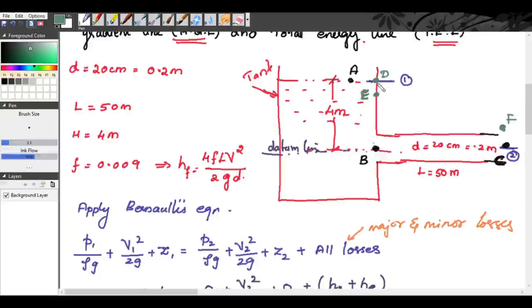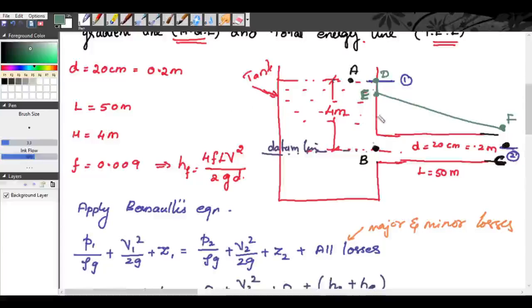So now we will join D and E. Join D to E and E to F. Now this DEF represents the total energy line.